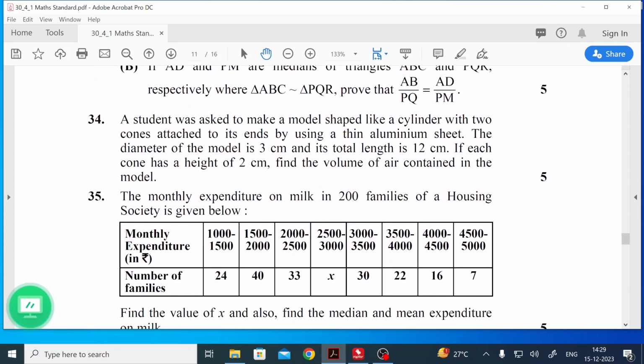A student was asked to make a model shaped like a cylinder with 2 cones attached at each end. It is in the 13th chapter, example sum 13.1 and 13.2, the rocket sum. The measurements I think will be changing, or else it is a book back question.